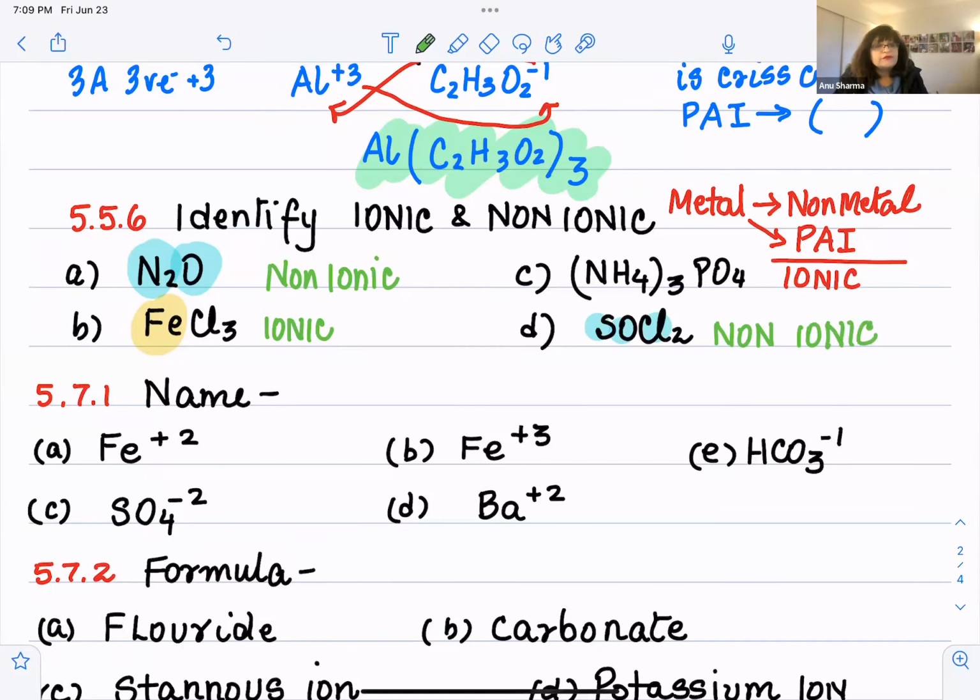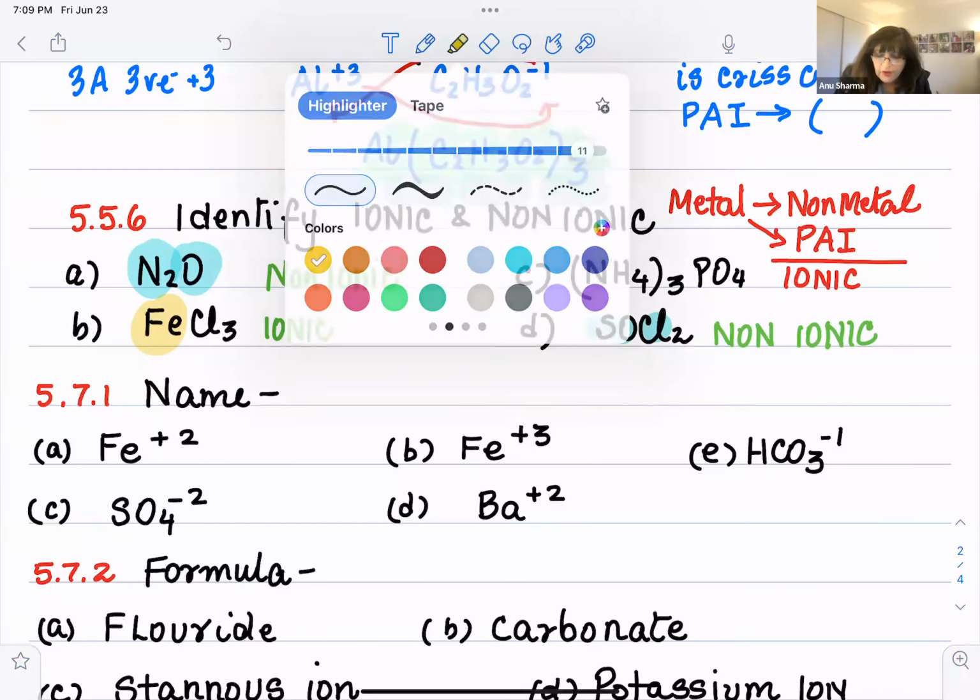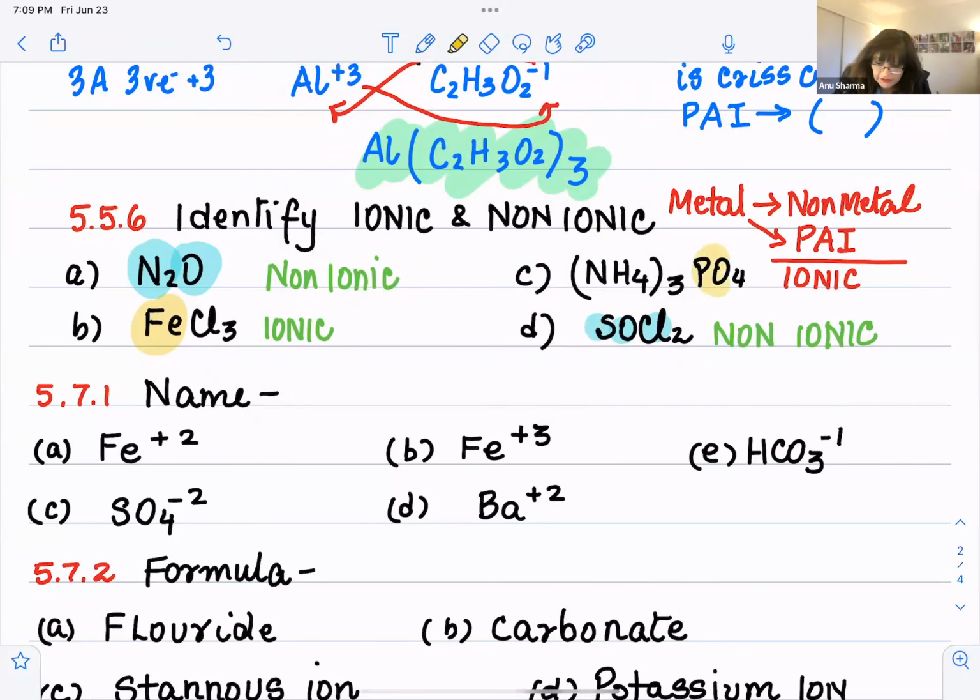And then now comes the tricky one, and that is the polyatomic ions. So remember, this is an ion, phosphate ion. This is ammonium. This is also ionic. So all the polyatomic ions, even if the polyatomic ions combine together, they're still going to be ionic. So keep that in mind.